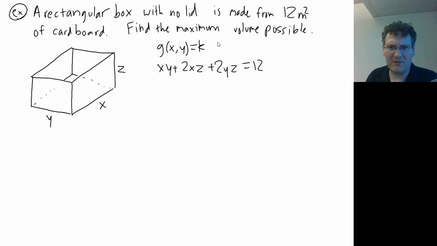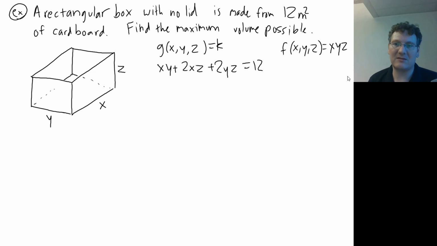Sorry, it's a function of 3 variables, so let me clarify that. Then we have our f of x, y, z, which is just xyz. It's the volume. That's what we're trying to maximize.